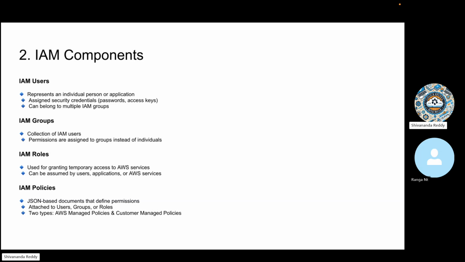If I take a role, it will be inline with the role, and whoever can access the role will get the permission. Clear? So two types: inline policies, and managed policies. Under managed policies we have AWS managed and customer managed.